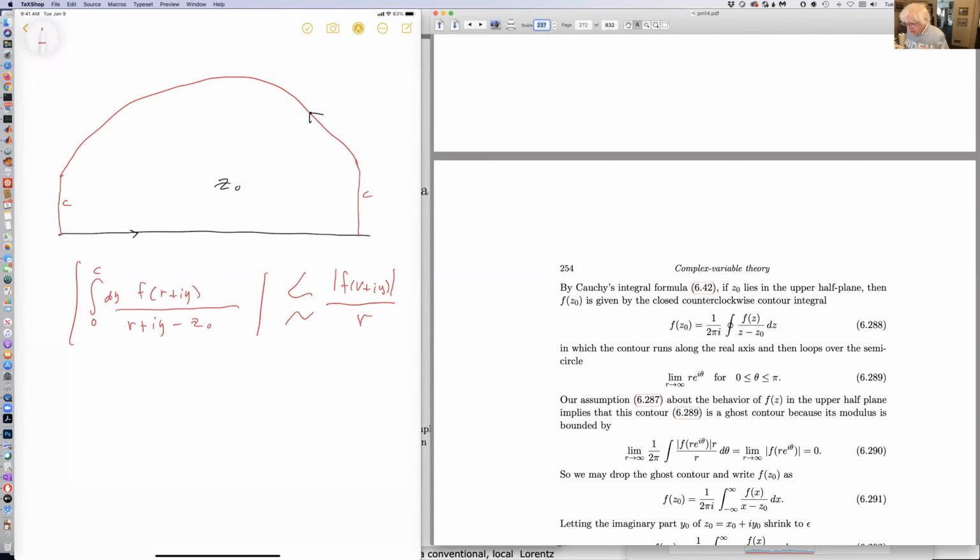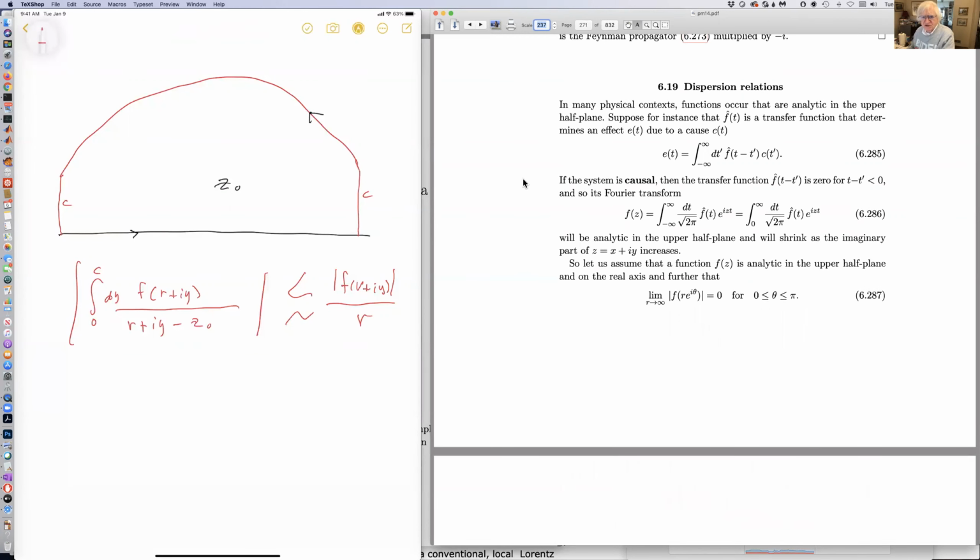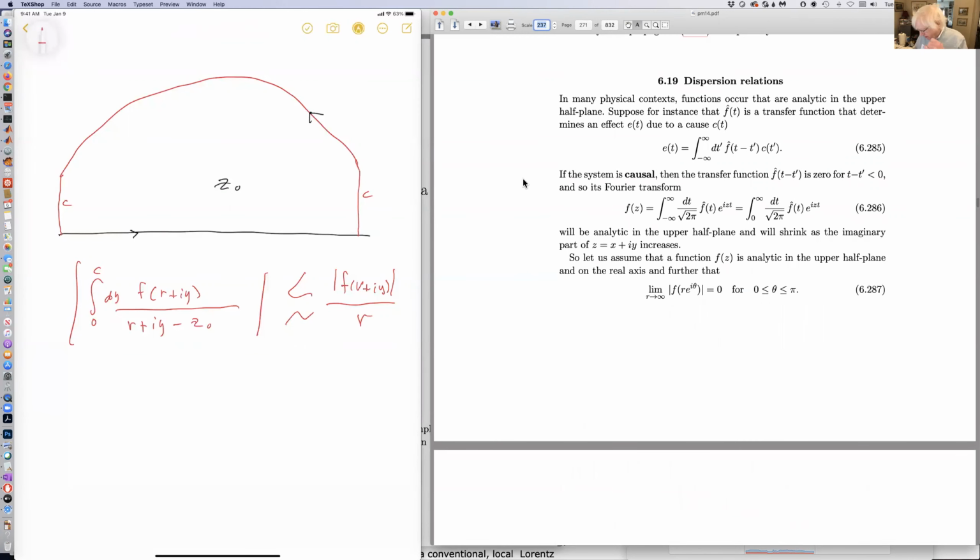It's now time. The topic that we started, I think, just briefly last time was dispersion relations, but to whatever extent we did it last time, it was very, very brief. So the idea is that you imagine a situation where you have a cause and an effect and a transfer function f hat.